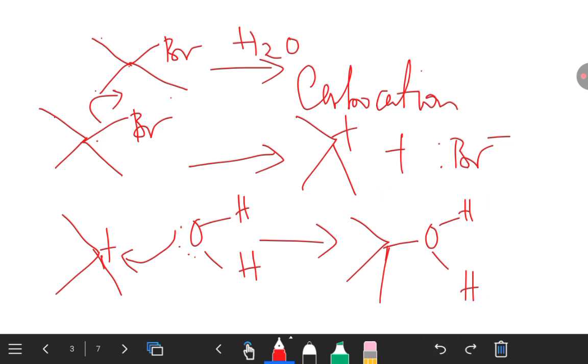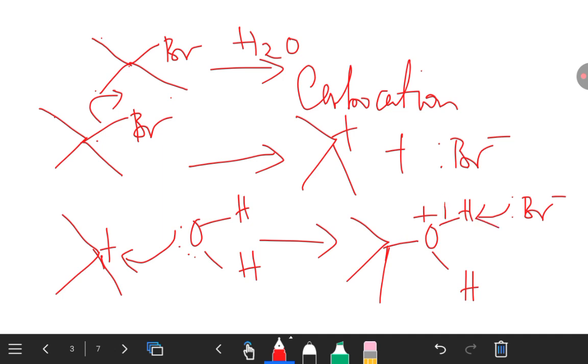Now one thing we need to understand here is that this oxygen now has 3 bonds. Because this oxygen has 3 bonds, it will be positively charged. So there will be a positive charge on this oxygen. The next thing is that the bromine which left, because it had some lone pairs of electrons, is coming to grab this hydrogen there.